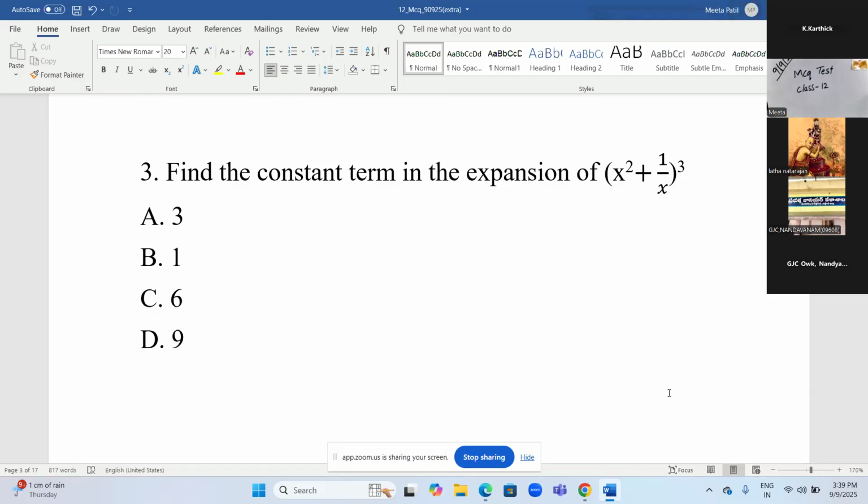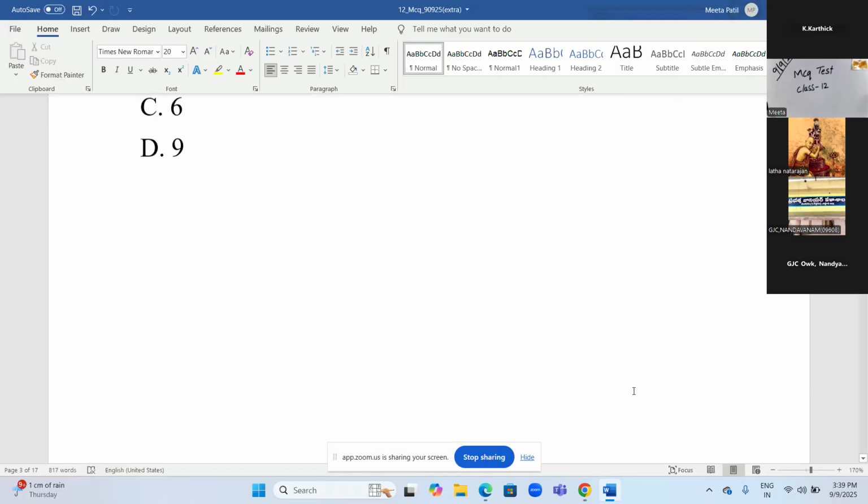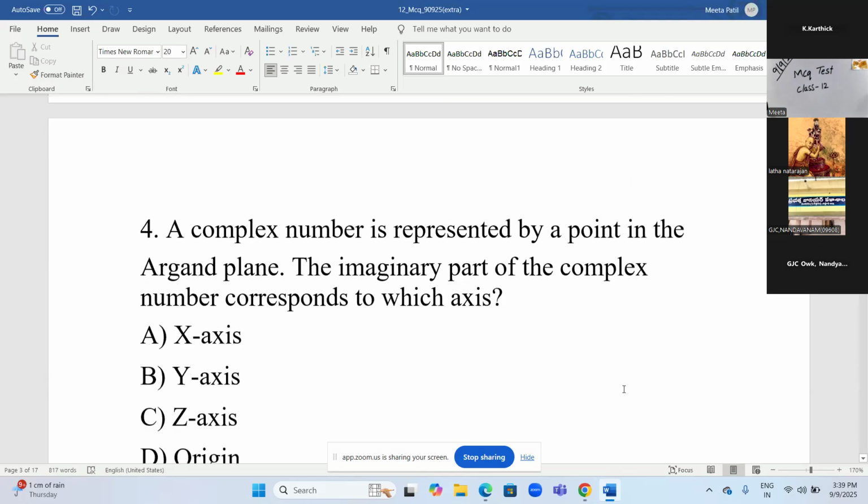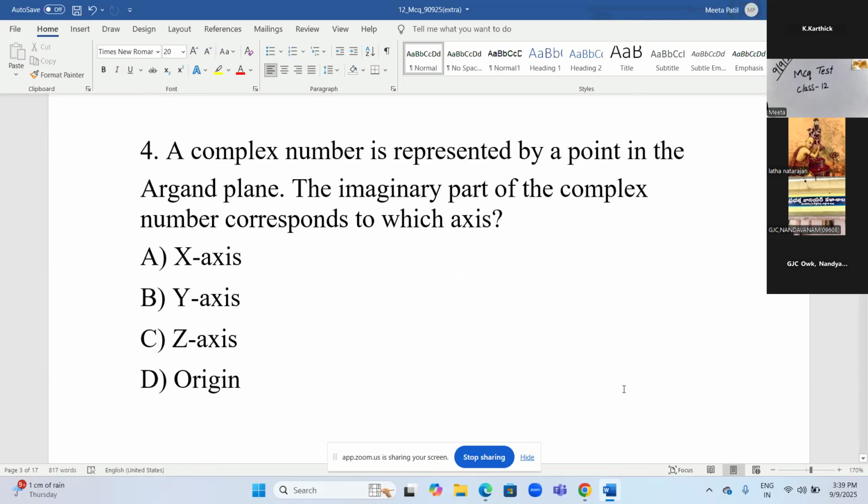Okay, students, we are moving to the next question. Here you have the fourth question: a complex number is represented by a point in the Argand plane.